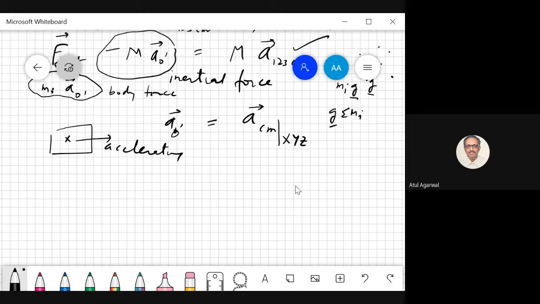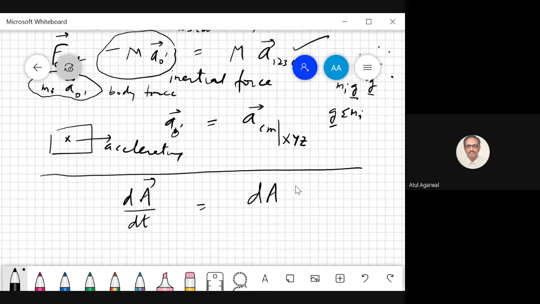Now we do what we do. We said dA by dt with respect to the XYZ system is equal to dA by dt with respect to the 1, 2, 3 system plus omega cross A. This was the stuff we started from.